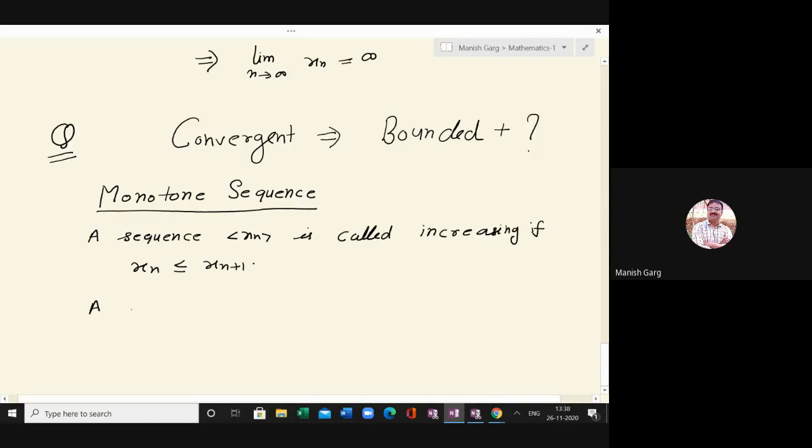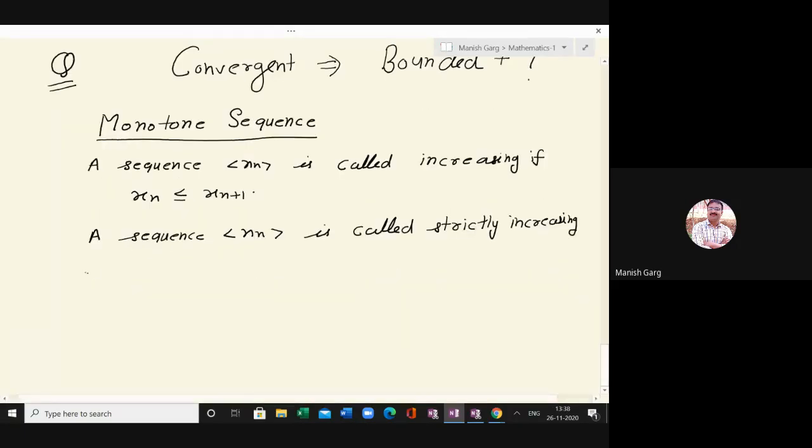A sequence xn is called strictly increasing if xn is less than xn plus 1.